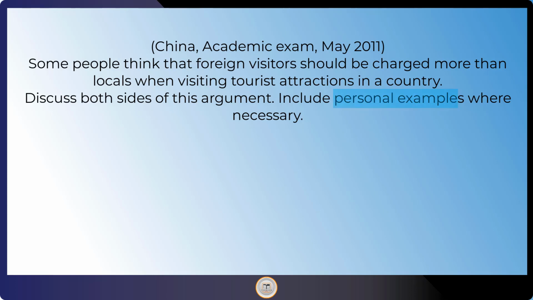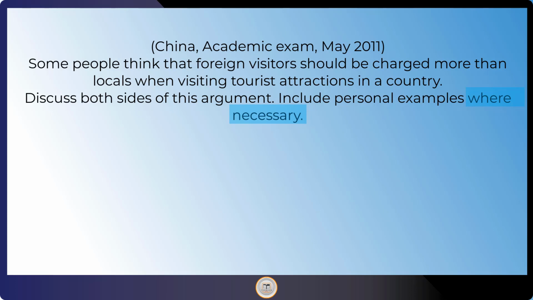Now the phrase "where necessary" is usually included to illustrate that you as the writer are probably sympathetic to one side of the argument. So your personal examples may only support one side of the argument. So the personal examples that you share might only be in support of this position.